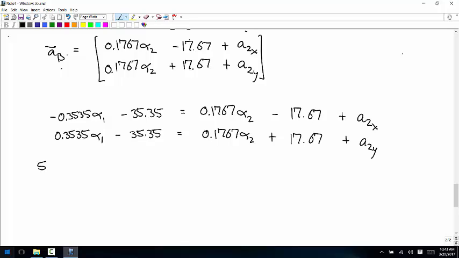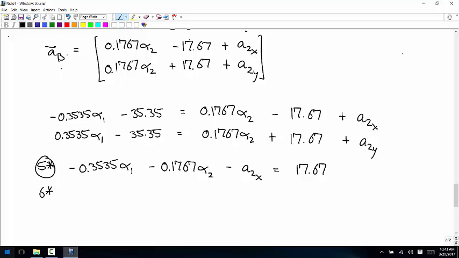So equation 5 star should say negative 0.3535 alpha 1 minus 0.1767 alpha 2 minus A2x is equal to positive 17.67.